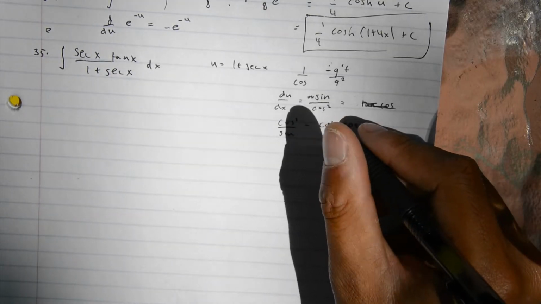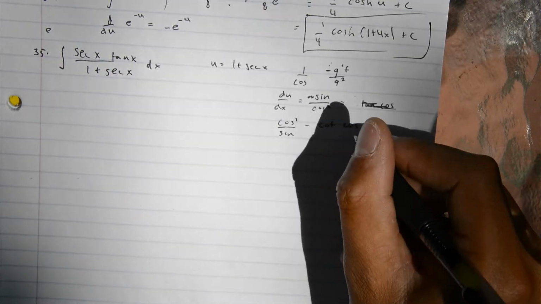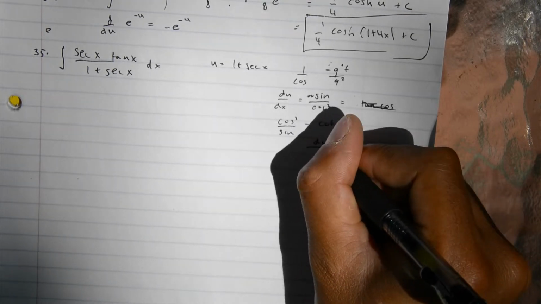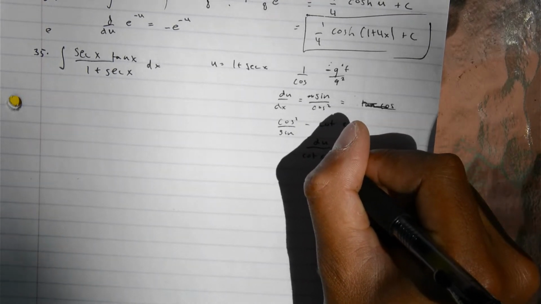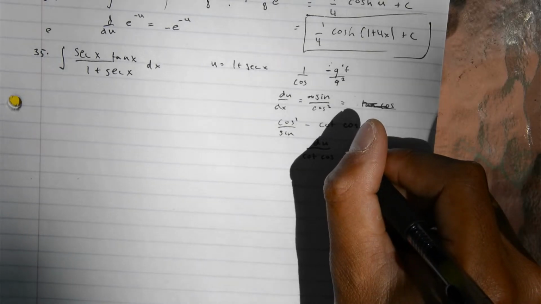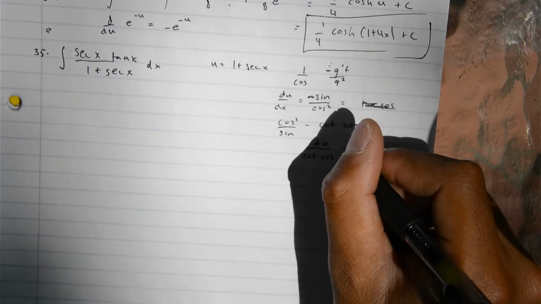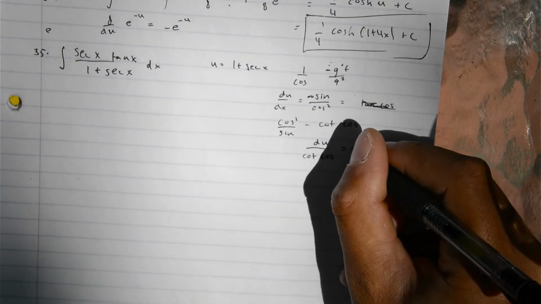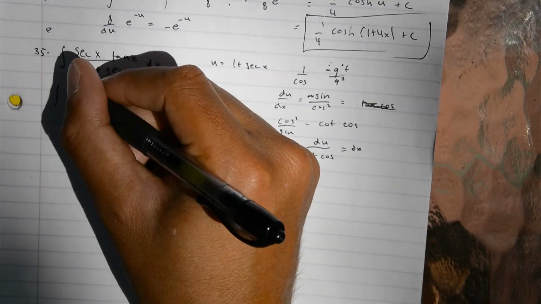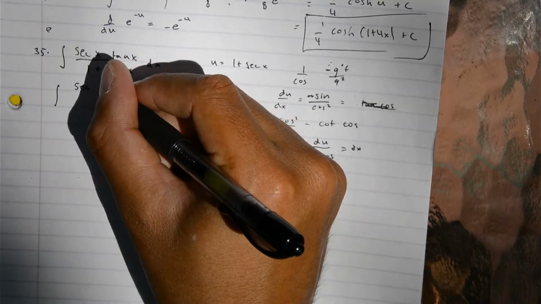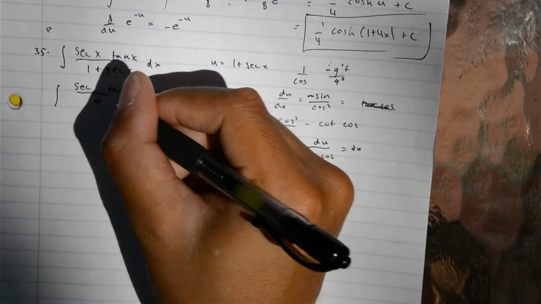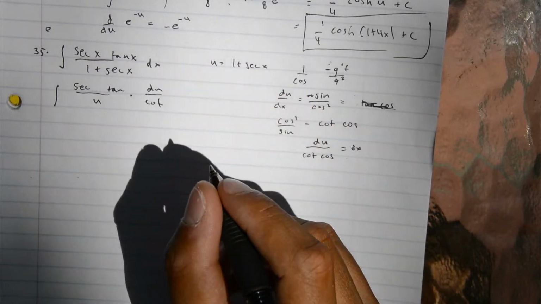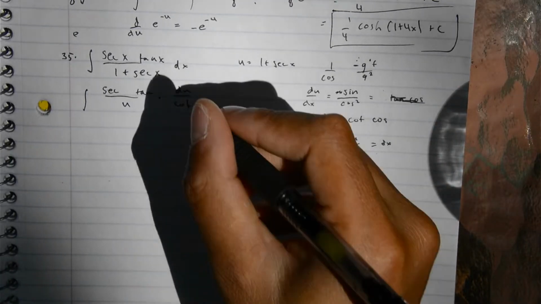And this is sick actually, so we're going to have du over cot cos equal to dx, but then we're going to have sec tan u du over cot cos.